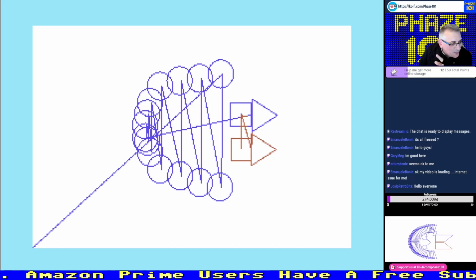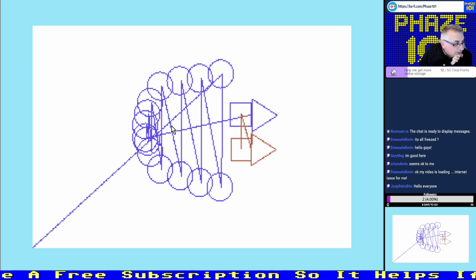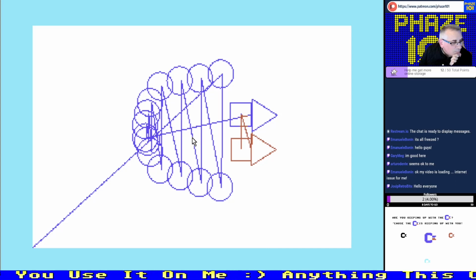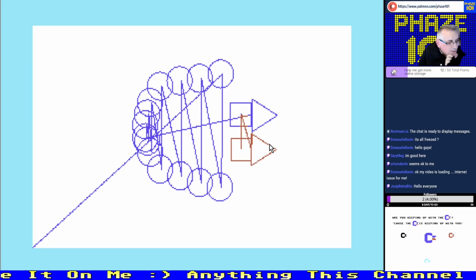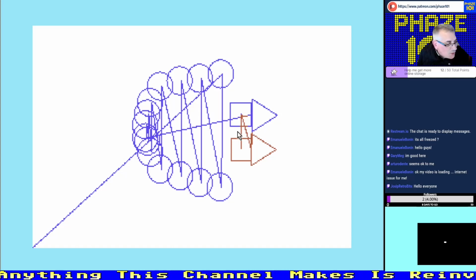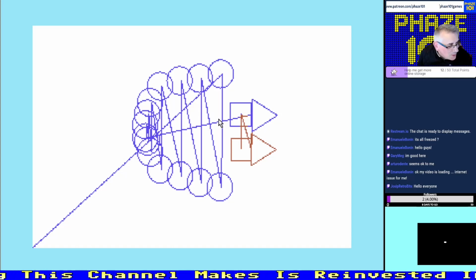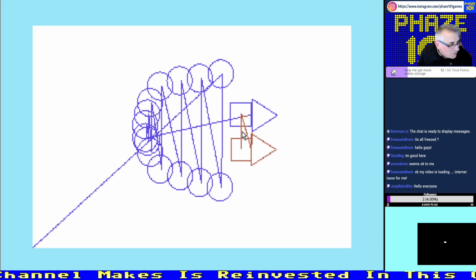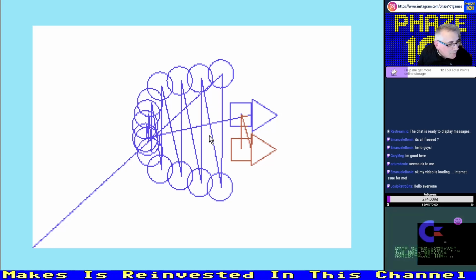This line from here, moving to the center, or moving up here, and then drawing the circles going up and down. He forgot to do pen up and pen down. So basically the logo is drawn. I can tell it's a Commodore logo, but it would have been cleaner with the pen up and pen down.